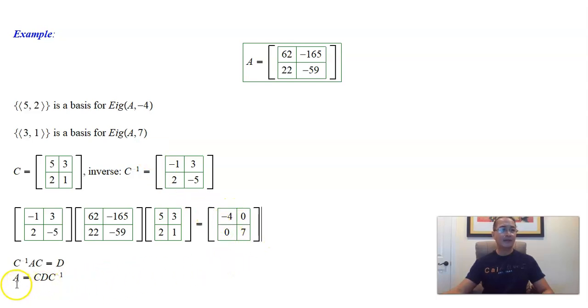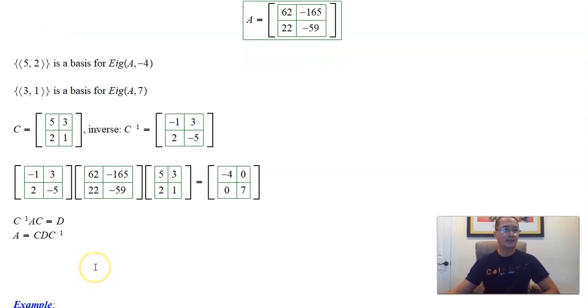Just for fun, how about this equation? This equation is also amazing by itself because it tells us that A can be factored into 3 matrices: a matrix on the left, C, which happens to be invertible, its inverse on the right of this sandwich, and in the middle, a diagonal matrix.